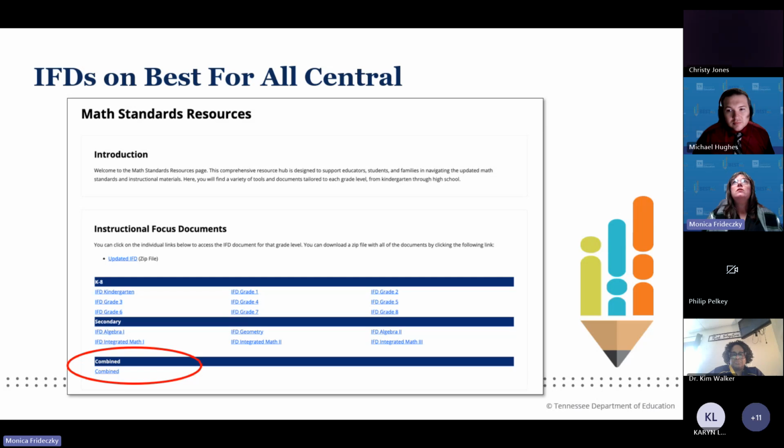I'm using them for the walkthroughs and PLCs to give feedback, but I love that idea of using the IFDs to monitor or evaluate the level of rigor from student work. So here's where we're starting to see the utility of these documents in doing student work analysis, even an assessment analysis.